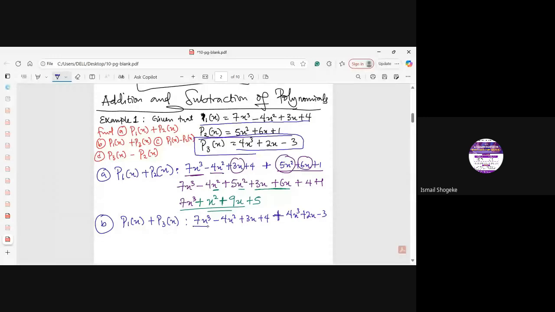Now we start with the biggest guy. The biggest guy is the X power 3 guy. So 7X cubed. Does it have a companion? Yes. Only power 3. So I'm going to say 4X cubed. So we're going to put 4X cubed beside it.